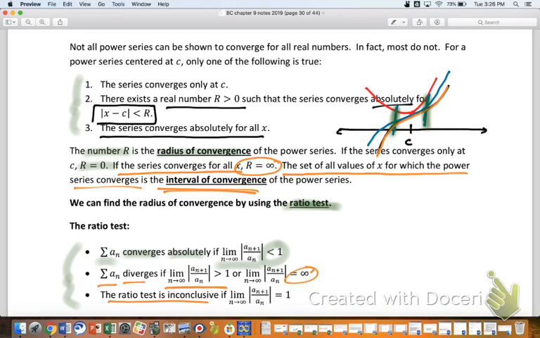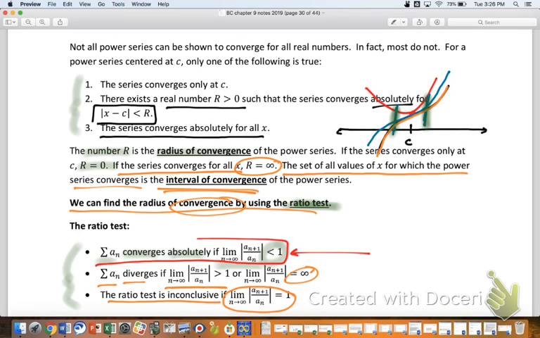And the ratio test would be inconclusive if we do our limit of our ratio and we get 1. So the point here is that we are looking for a radius of convergence, and as we're looking for it, we will be focusing on this first aspect of the ratio test. We'll be using this to help us find this radius and eventually interval of convergence as well.